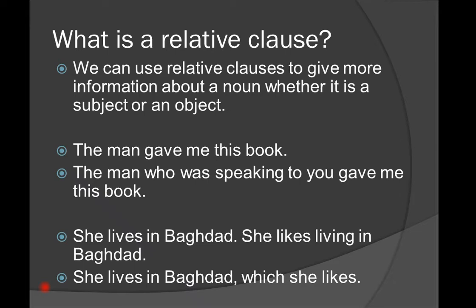Here I am giving extra information about the noun, which is the subject. And I can add the relative clause after the object, as in, she lives in Baghdad, she likes living in Baghdad, and I can say it with a relative clause: she lives in Baghdad, which she likes.